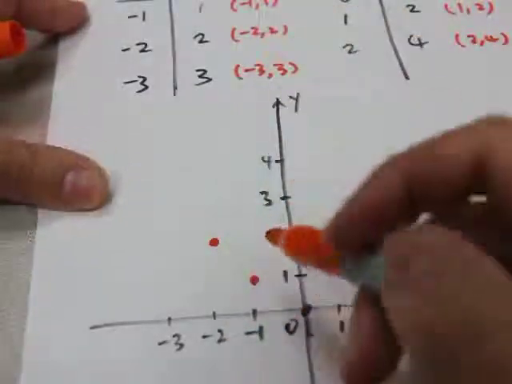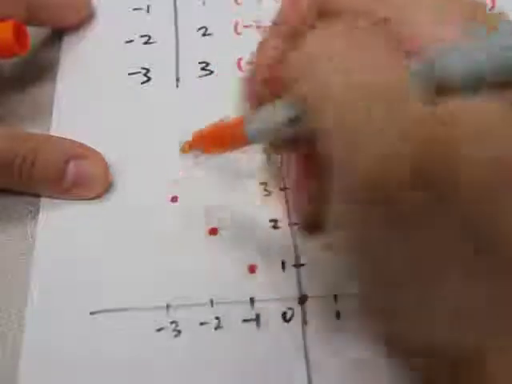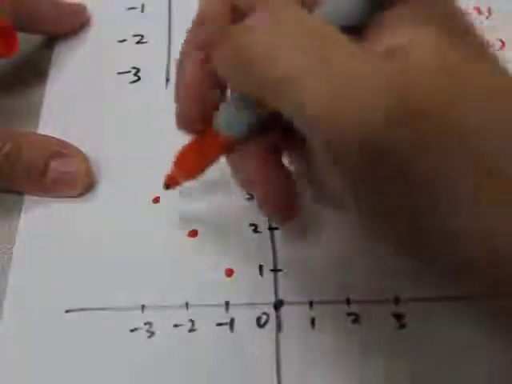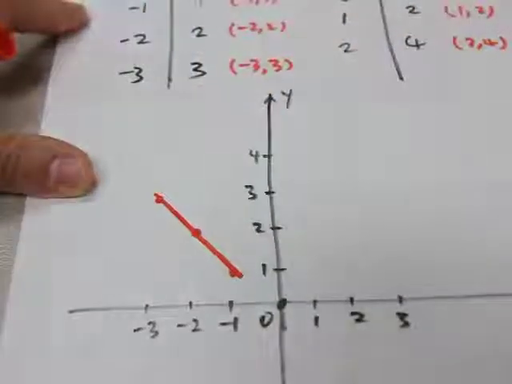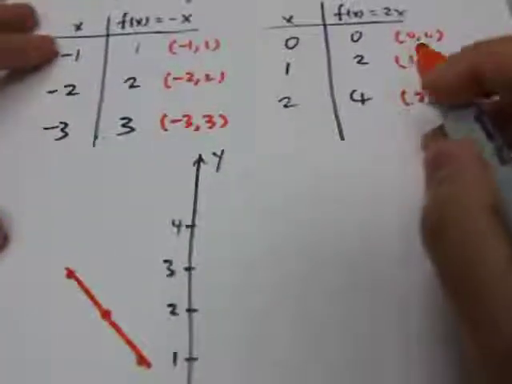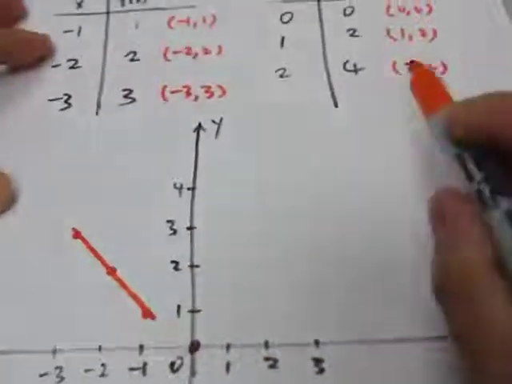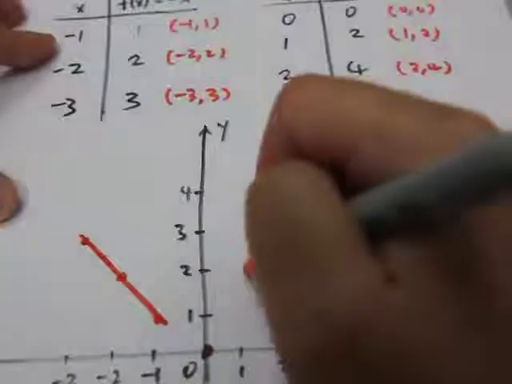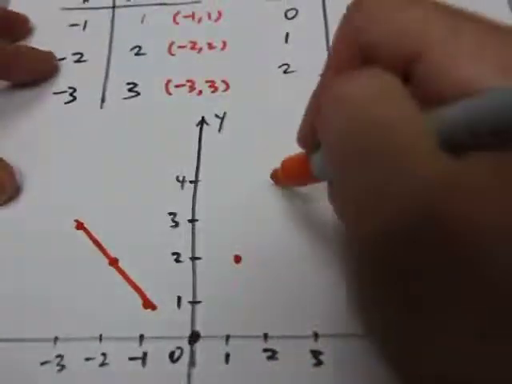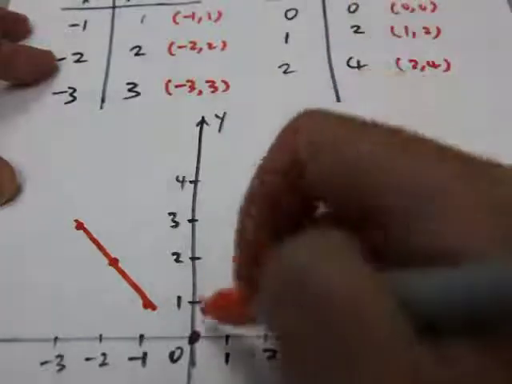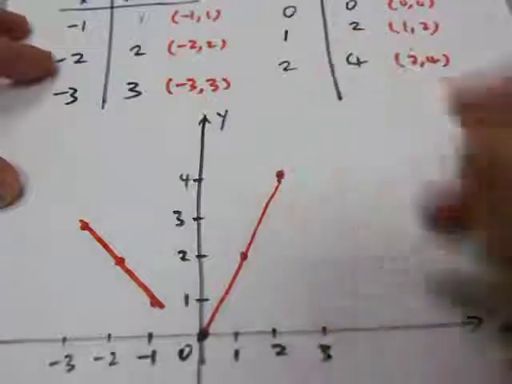Negative 3, positive 3, that is here. Okay, so connect these 3 points. Now next, for the second piece, 0, 0, which is here, and 1 and 2, which is here. Now 2 and 4, which is here.